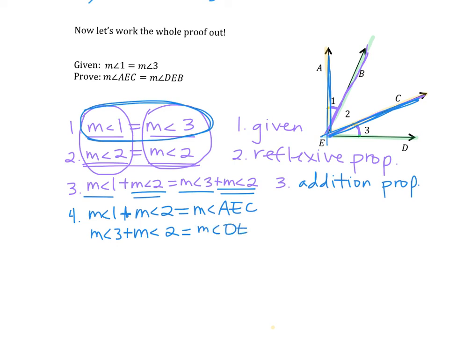That would be DEB, right? These two put together. How do I know that 1 plus 2 is AEC and 3 plus 2 is DEB? You learned it last chapter. When I say the two parts added together equal the whole thing, do you remember which postulate that was? Angle addition. Does that sound familiar? Like segment addition, right? This was angle addition postulate. So for step 4, we're going to say angle addition postulate.